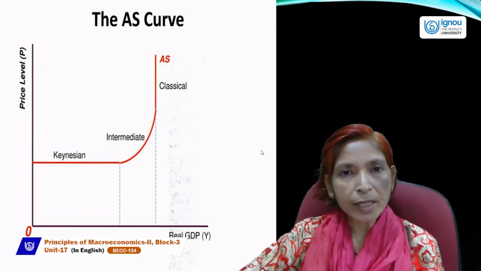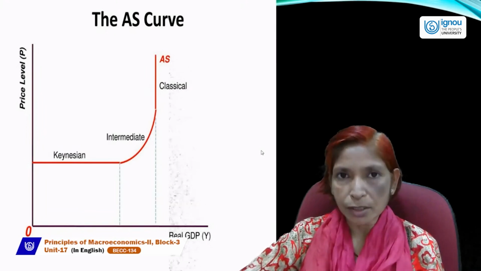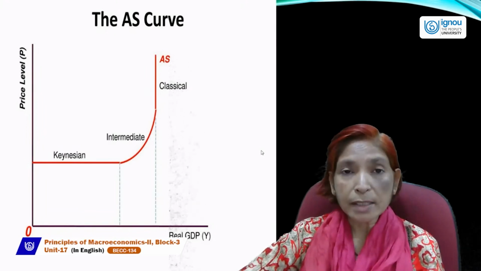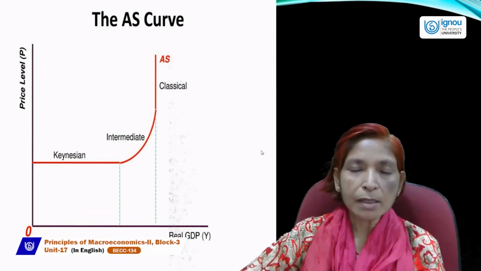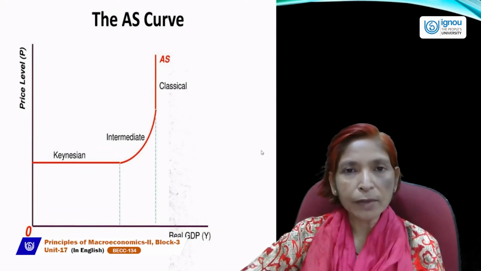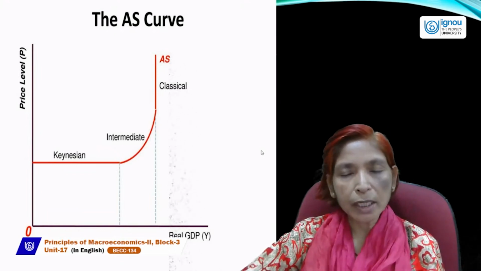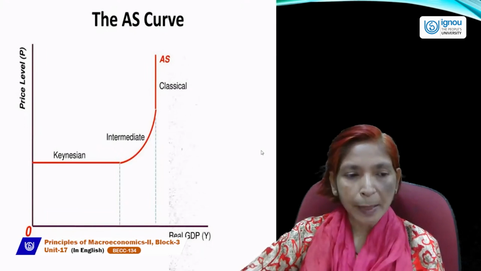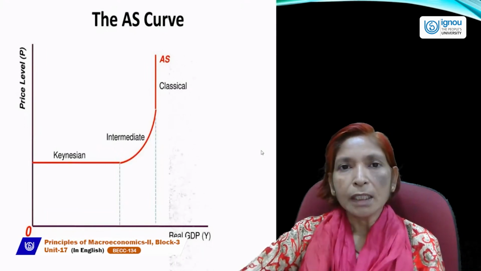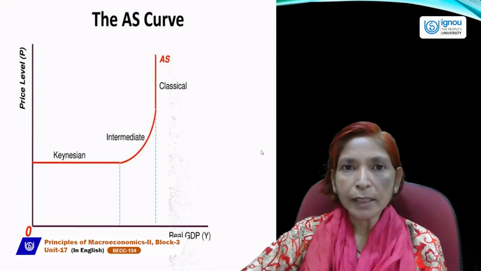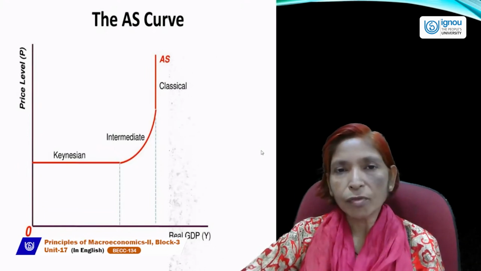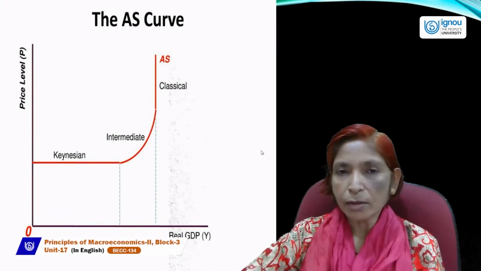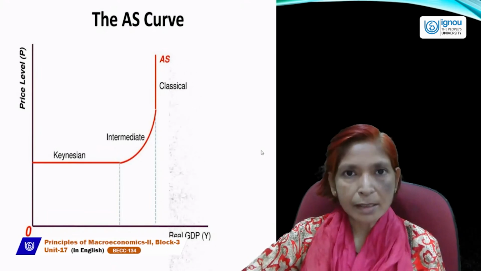The horizontal range is known as the Keynesian range because Keynes presented the liquidity trap situation, and Keynes said that money is demanded for three motives: transaction, precautionary, and speculative. In the speculative demand for money, after reaching a certain level, the rate of interest becomes constant, parallel to the x-axis.